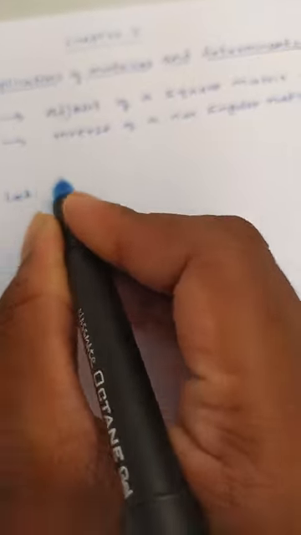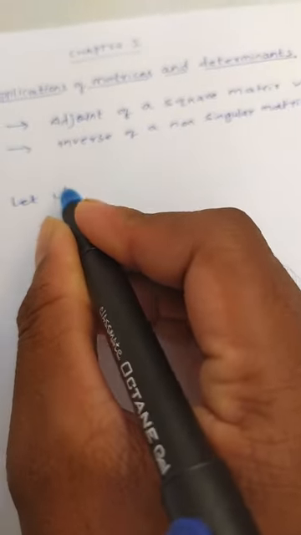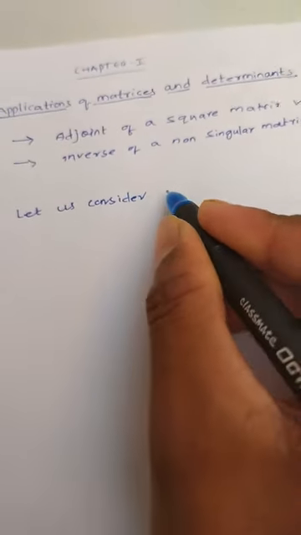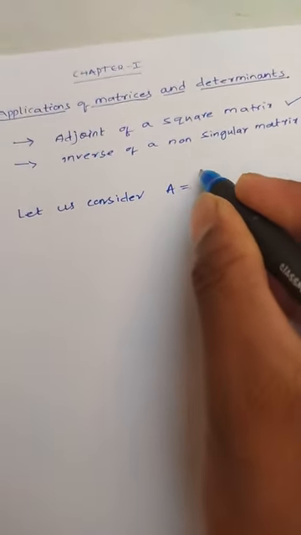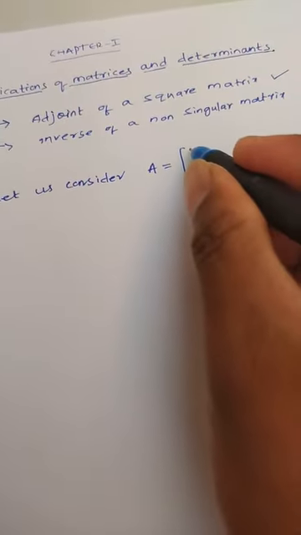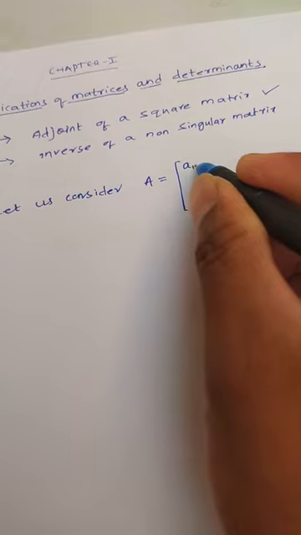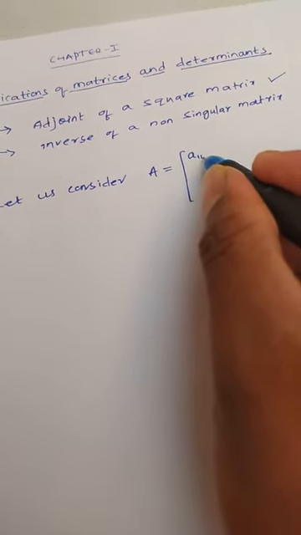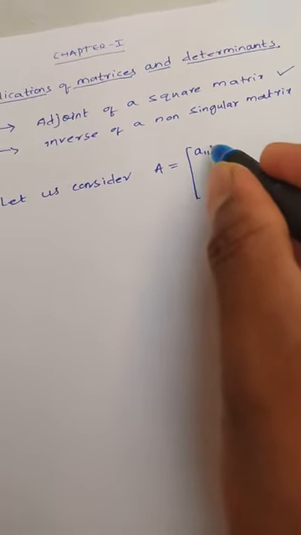For that I will consider one 3x3 matrix, which contains 3 rows and 3 columns. Each element is denoted by small a, and here a11 means the first 1 indicates the first row and the second 1 indicates the first column.